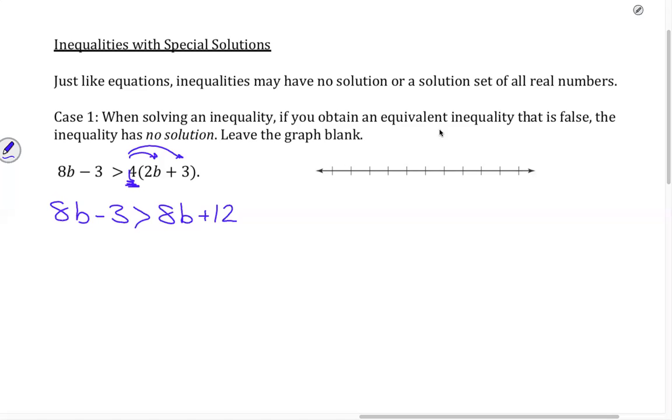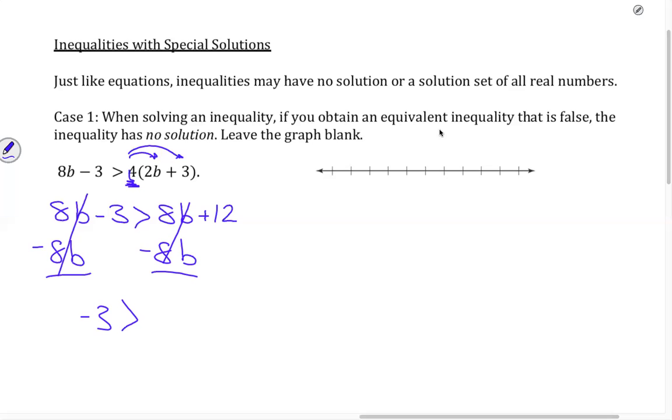What if I were to move the 8b's? Watch what happens. They cancel out, right? See how I'm left with -3? Over here, what happens to those 8b's? They cancel out. Do you see how I just eliminated like half my problem right away?